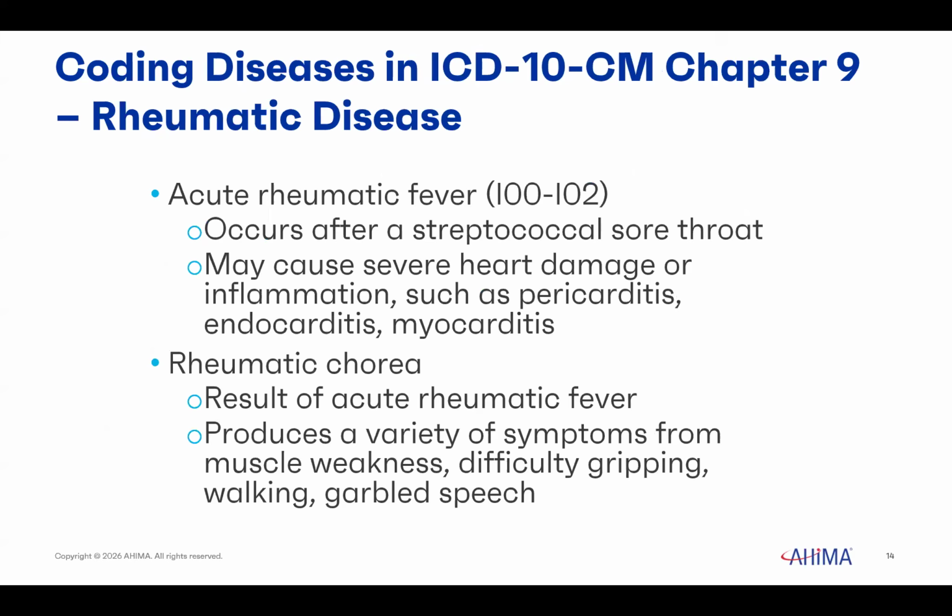And now we get into rheumatic heart fever. Acute rheumatic heart fever happens after a strep throat and it can hurt the heart. And again, you see these things mentioned as rheumatic chorea, some of these other things, right? So we have to read the documentation very, very carefully to get at what exactly we're going to be coding.